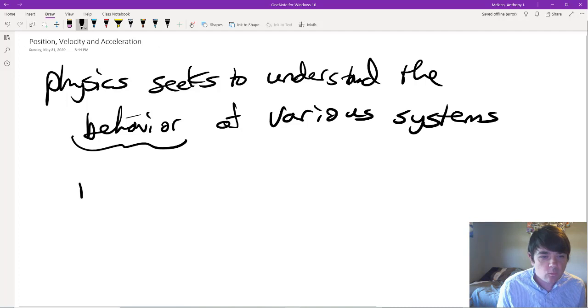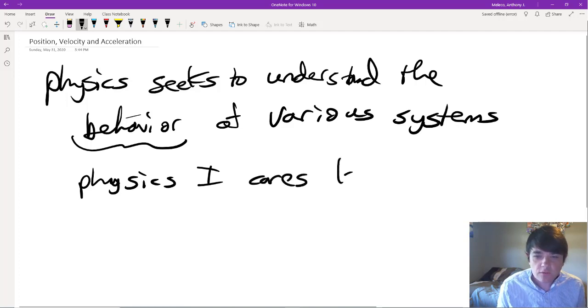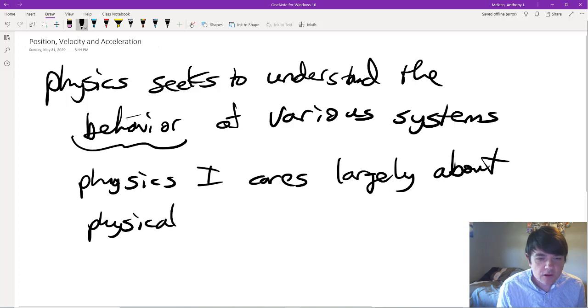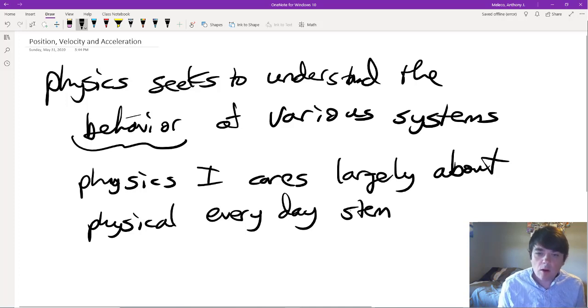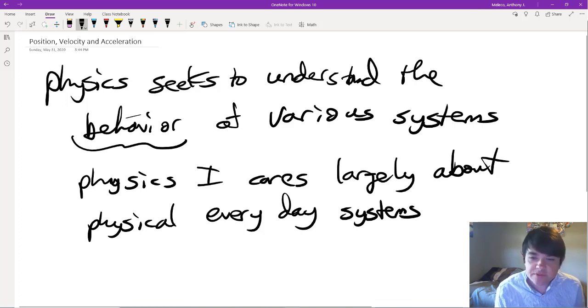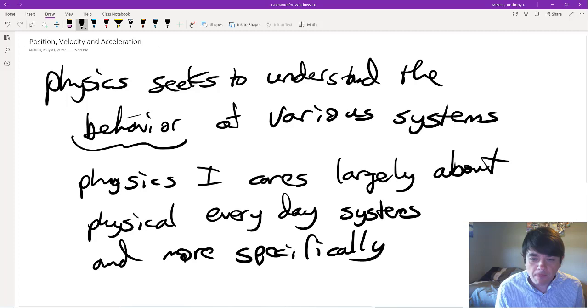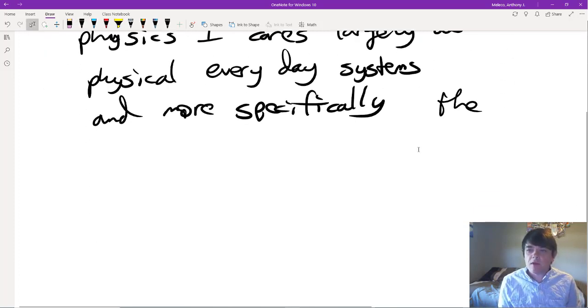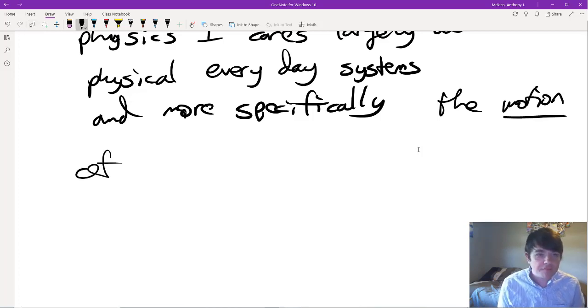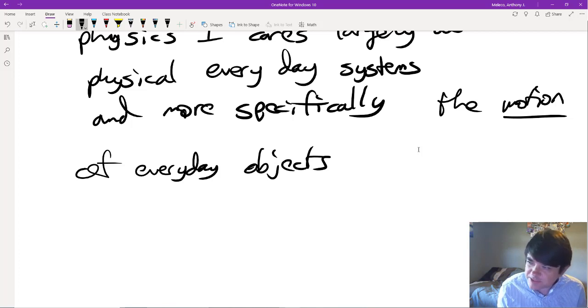And for Physics 1, it cares largely about physical everyday systems and how they behave, and more specifically, the motion of objects you see on Earth, and how they move. In particular, motion, okay.